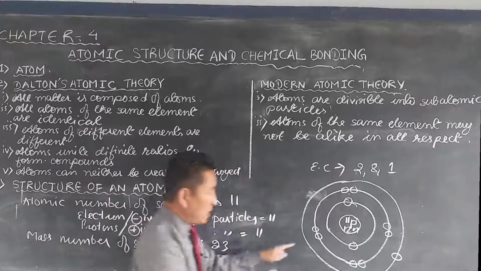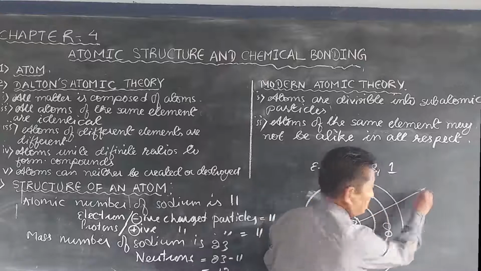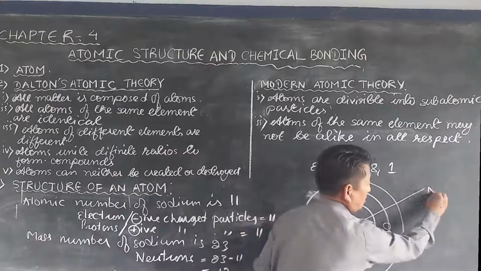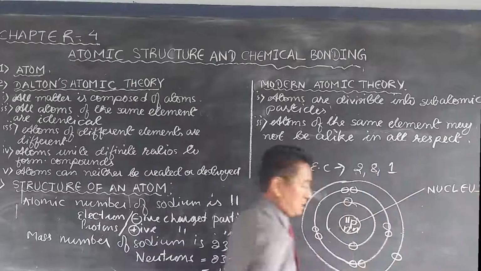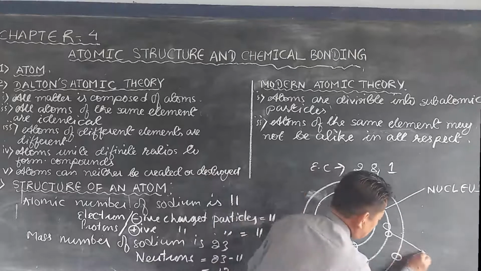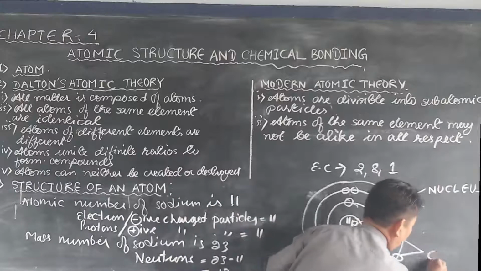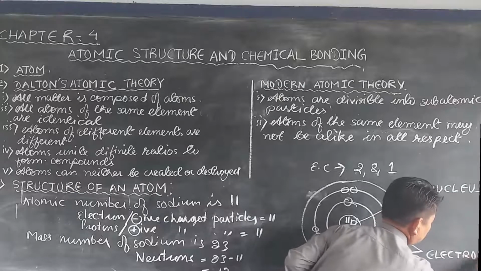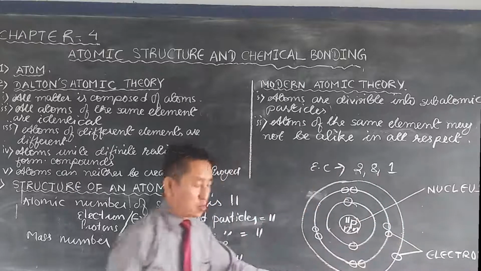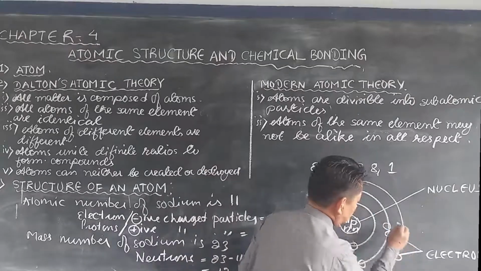Here, the nucleus is the central part of an atom. These are electrons. Electrons are the negatively charged particles of an atom. Here, these are the orbits or the cells.